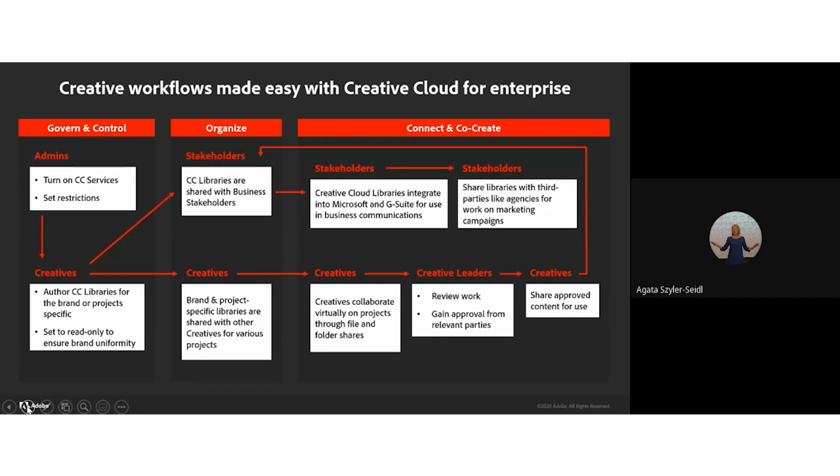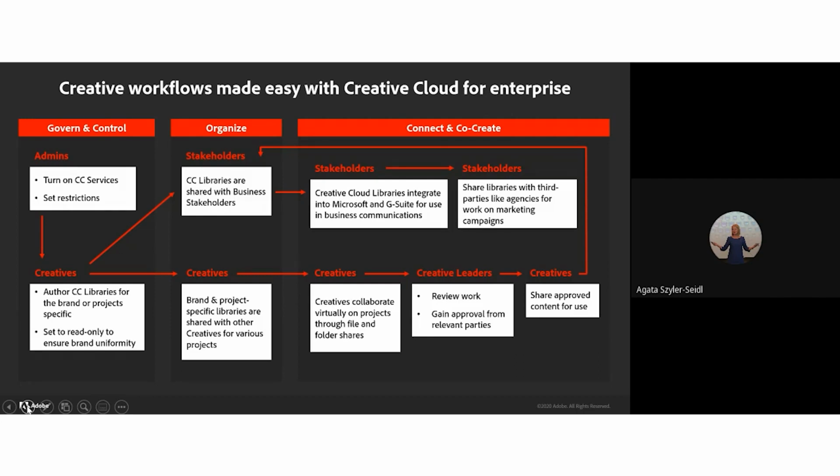So thanks to these solutions that Adobe Creative Cloud for Enterprise comes with, the communication and exchange between stakeholders becomes smoother. And you can see that Creative Cloud libraries can integrate with Microsoft and G Suite and others.